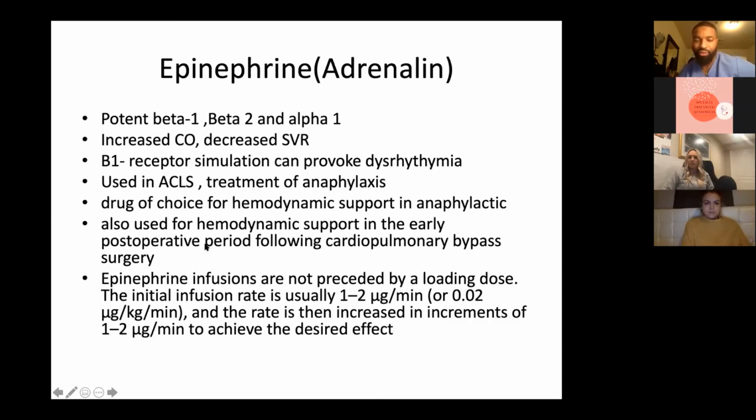Like if you eat something and you're having an allergic reaction to it, which is self-caused shock, you give epinephrine. Also use it for hemodynamic support in the early post-operative period following cardiopulmonary bypass surgery. Epinephrine infusions are not preceded by a loading dose, the initial infusion. So this one is irrelevant information for you guys right now.